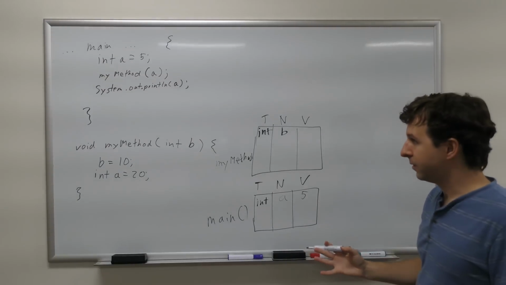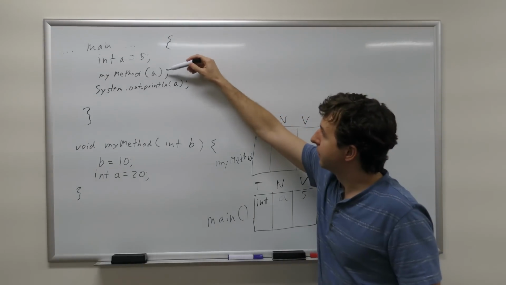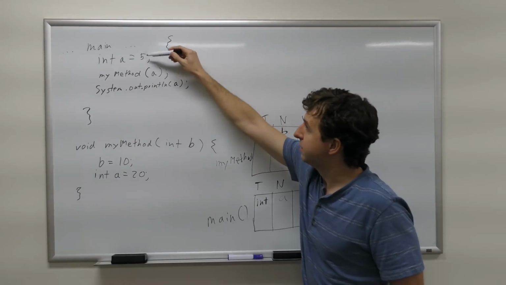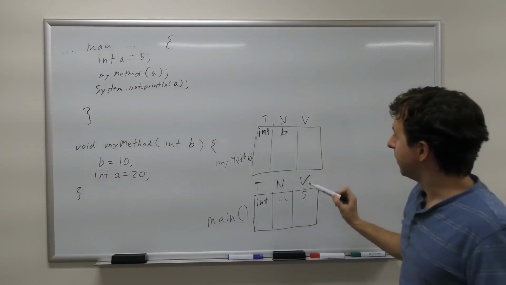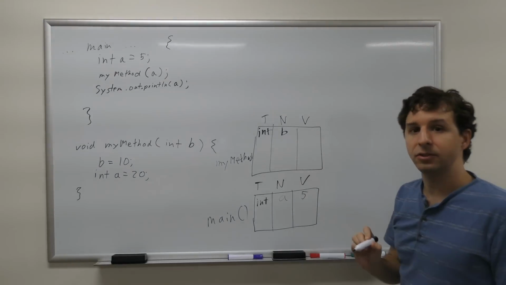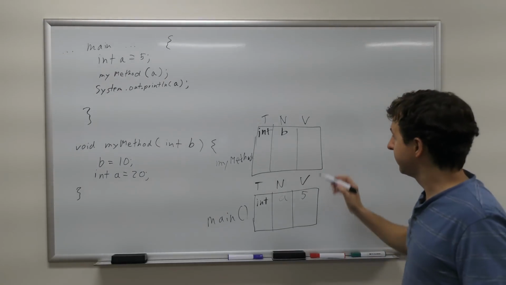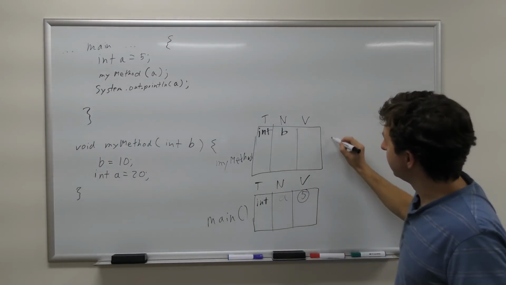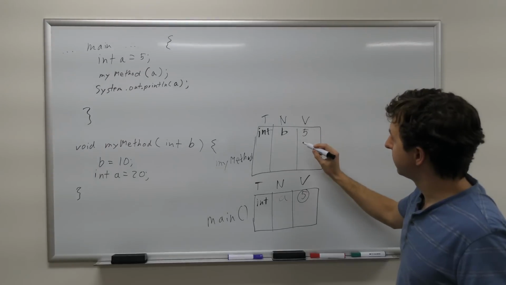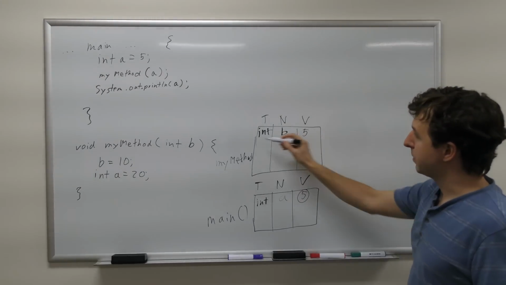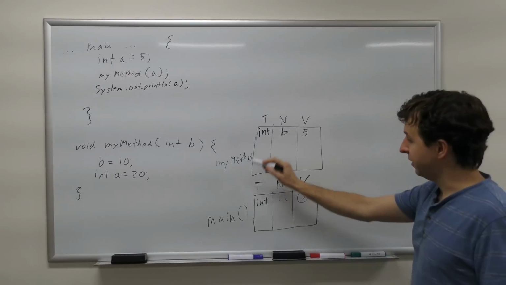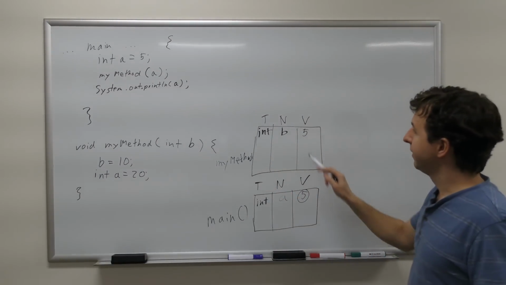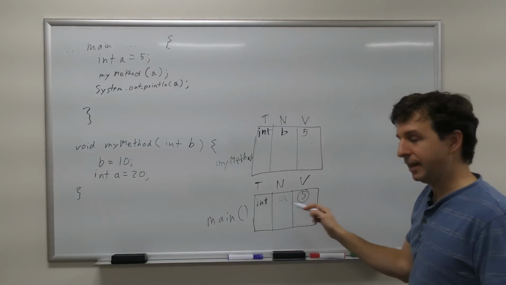But what happens is, when you call a method, the value of the variables that you send it, in this case 5 for a, are copied into the new method's call stack. So in this case, the value 5 is copied into this position here. This is a separate position in memory. It's completely disconnected from the main method. You can probably start to see why changing b has no effect down here on a.